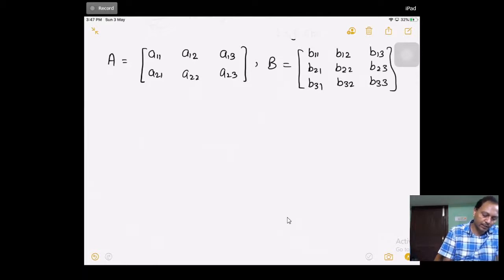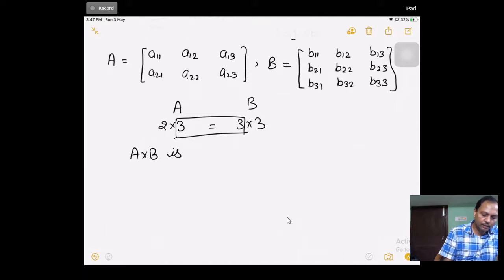First of all, check the order. The order of A is 2 by 3 and the order of B is 3 by 3. So the number of columns of A and the number of rows of B are equal. So multiplication is possible.